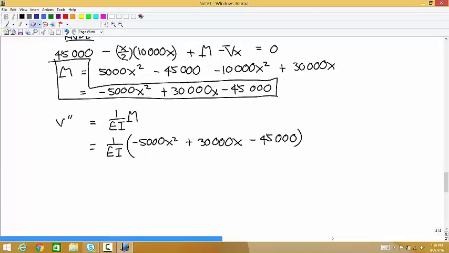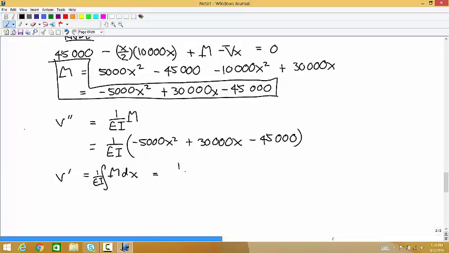And now we're going to integrate this to come up with the deflection function. So v prime is equal to 1 over EI times the integral of M dx.